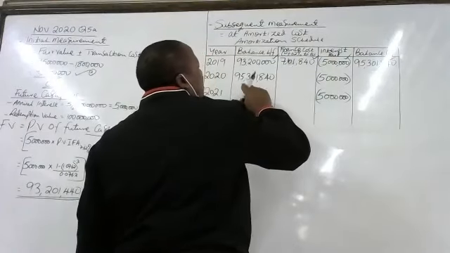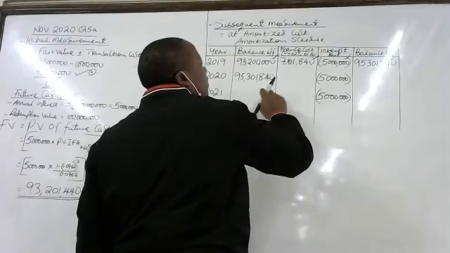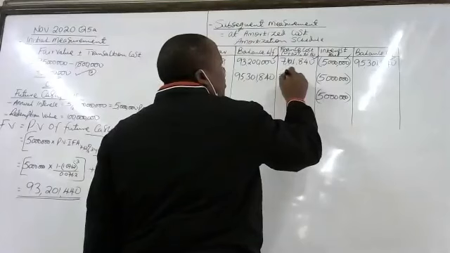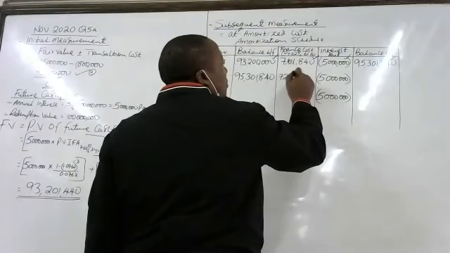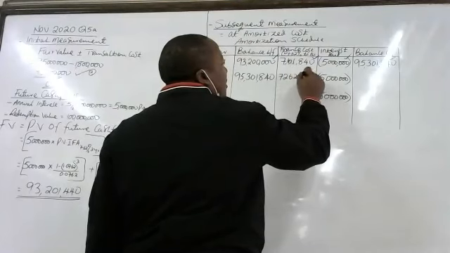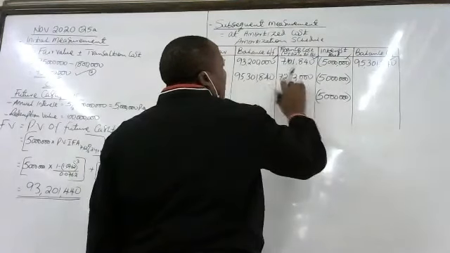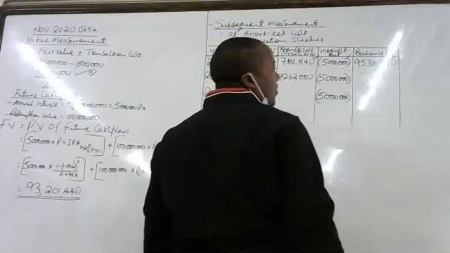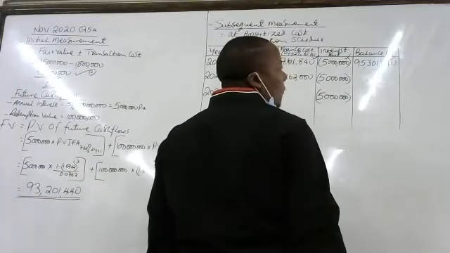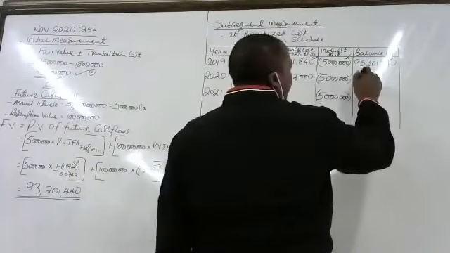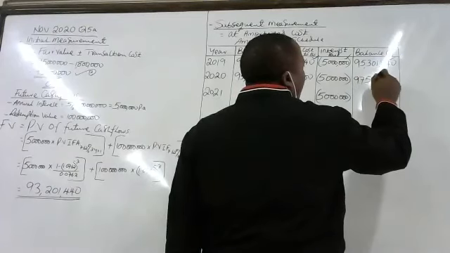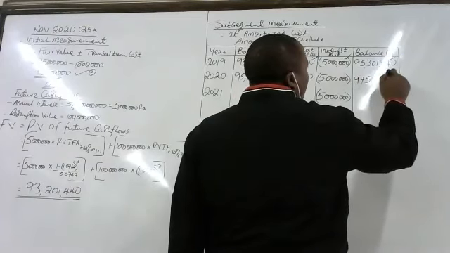7.62% of 95,301,840. You get 7,262. So this plus this minus this, you get the amortized cost at the end of the year, which is equal to 97,563,840. Good.